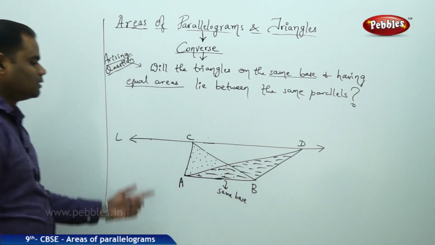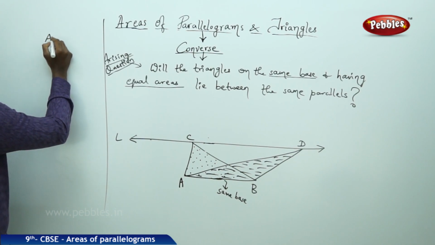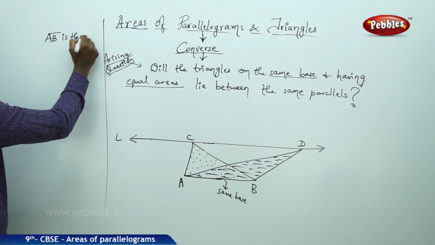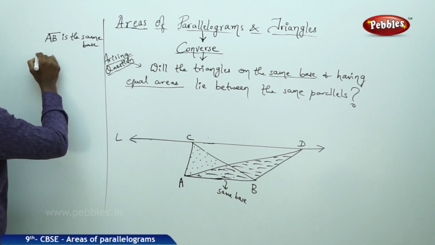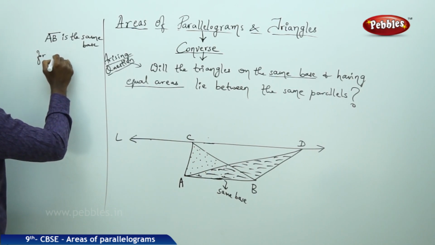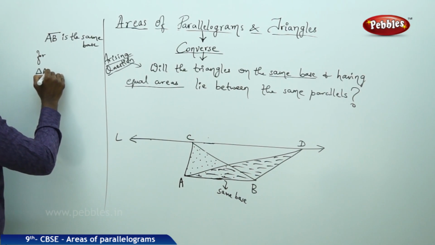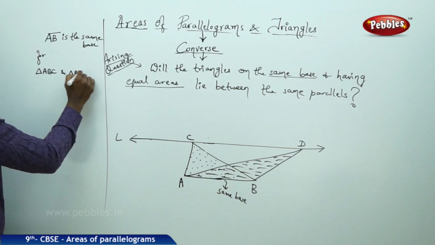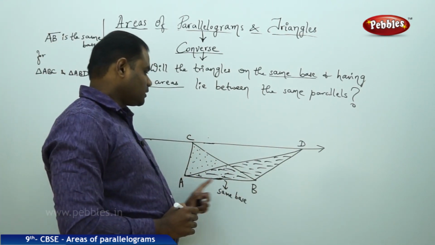Okay. So here the condition is that AB is the same base for triangle ABC and triangle ABD.